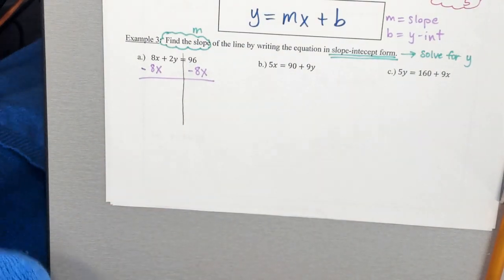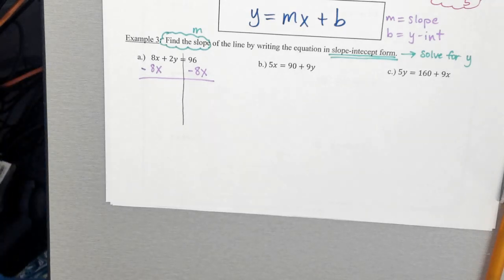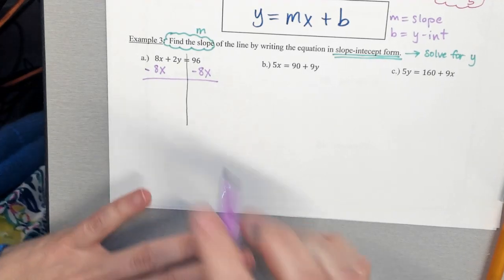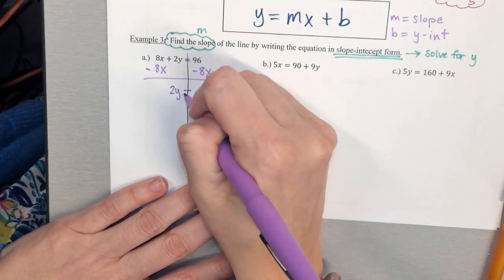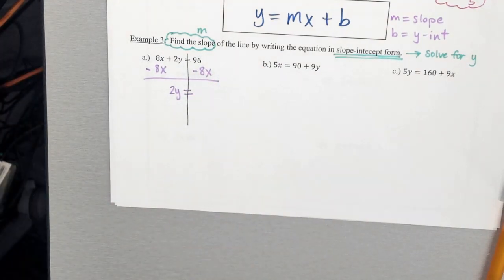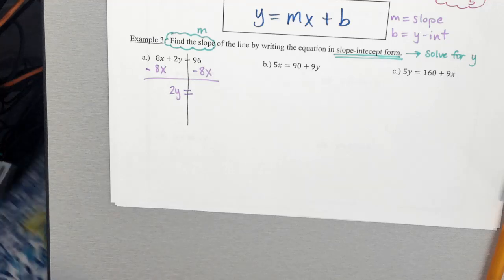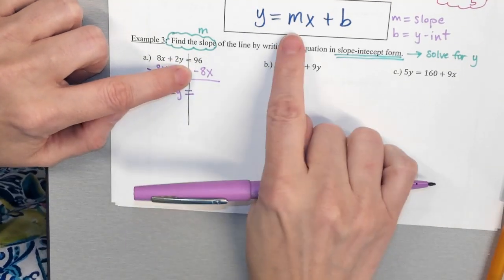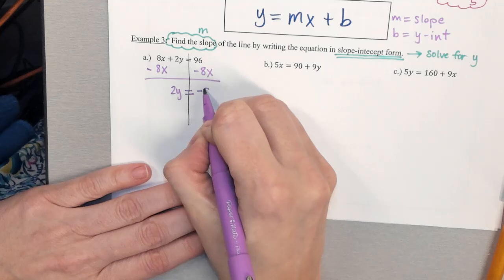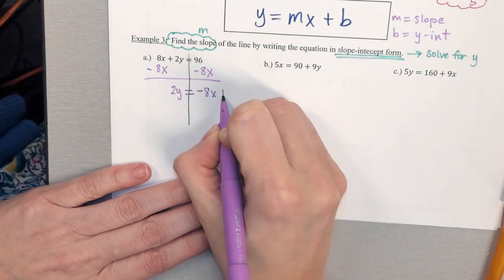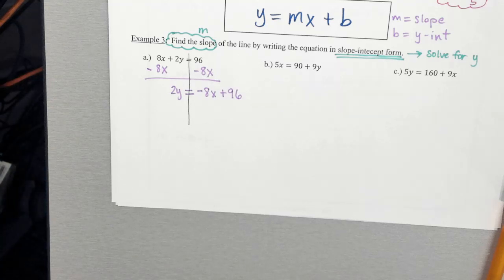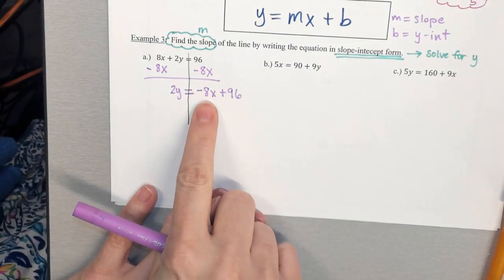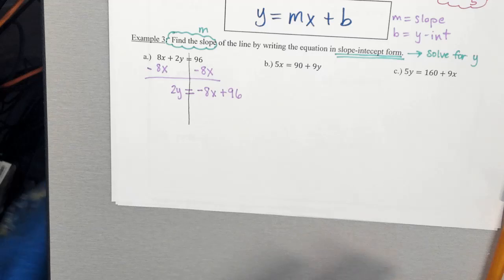And then we're going to write that a special way. So on this side, they cancel out. All you're left with is 2y. On the other side, when you're rewriting this, because the x comes first, we're going to write negative 8x plus 96. So the x term is going to go first. The number term is going to go second.